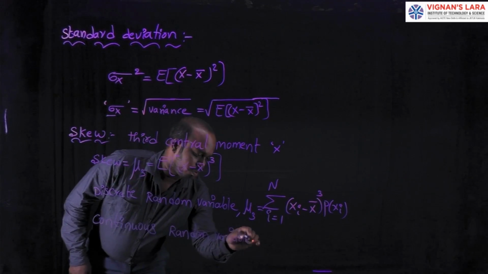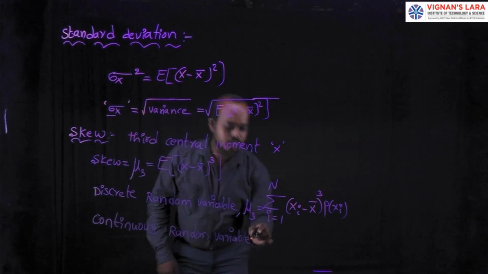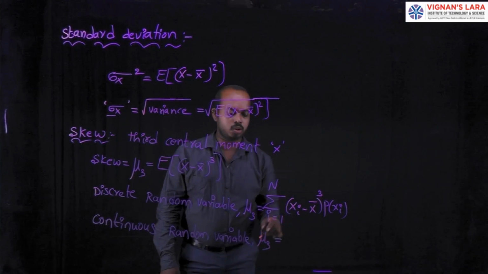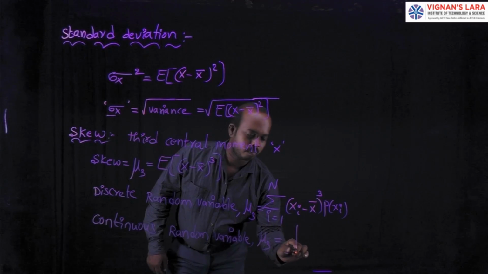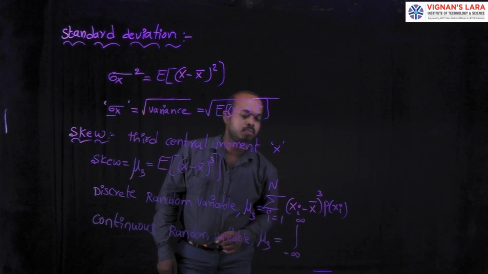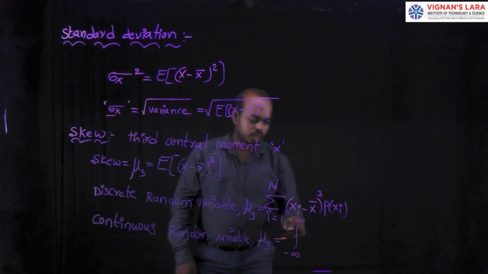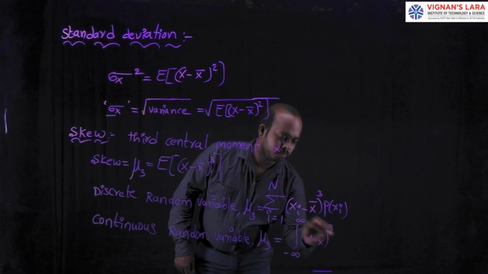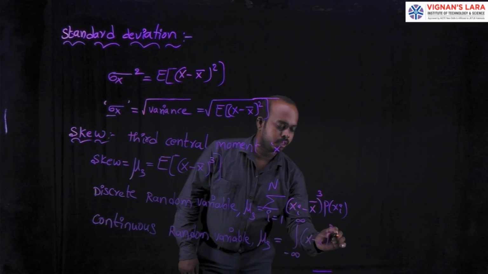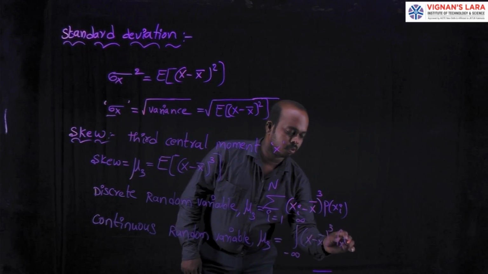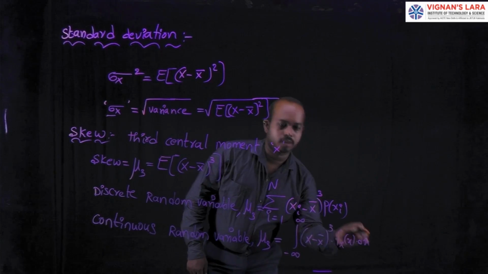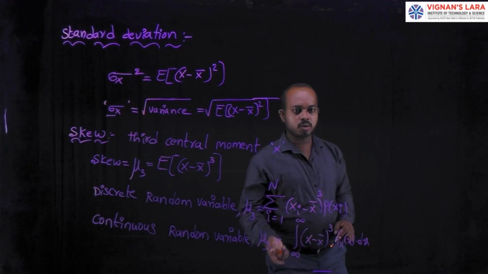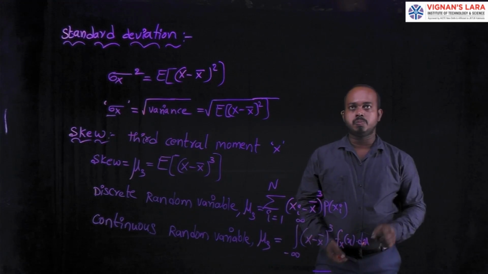For the skew value, you just replace the summation with an integral. mu3 is equal to the integral from minus infinity to plus infinity of x minus x bar whole cube into the density function f x of x into dx. This is the formula for the skew value of a continuous random variable.